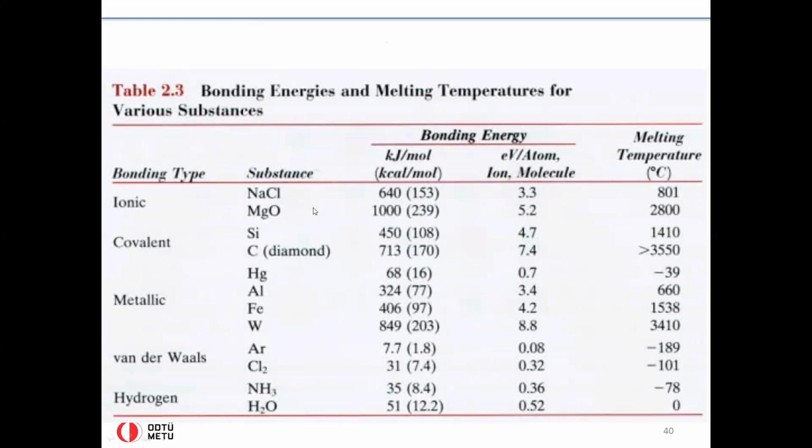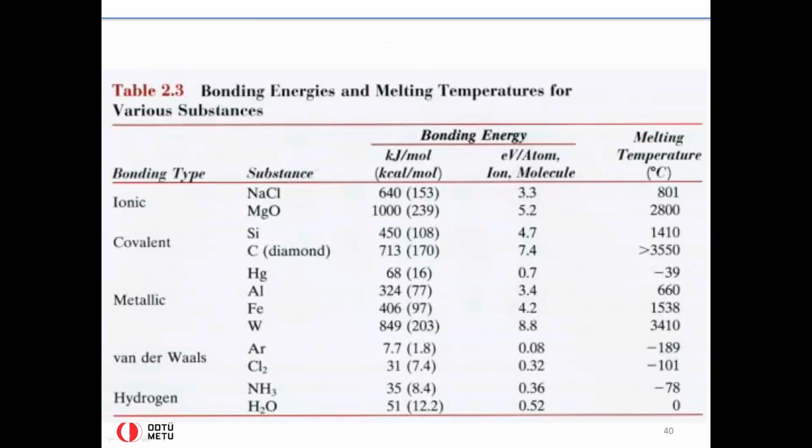so per a certain number of grams of this substance and certain number of atoms of this substance, the energy that you have in kilojoules, a certain energy unit, is higher than in the case of covalent and metallic, but much, much higher than in the case of van der Waals and hydrogen bonded.